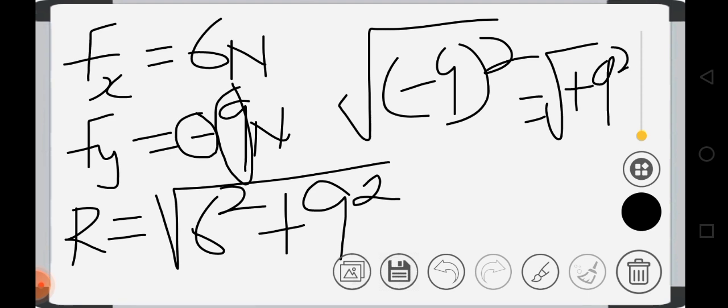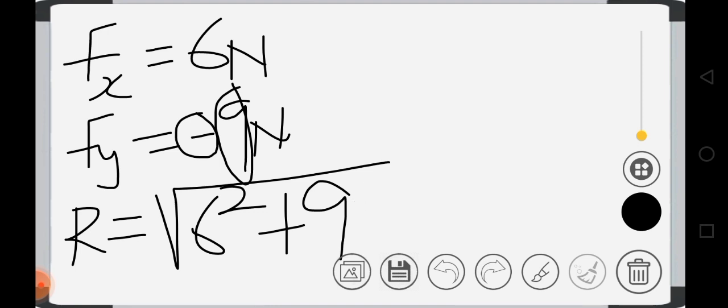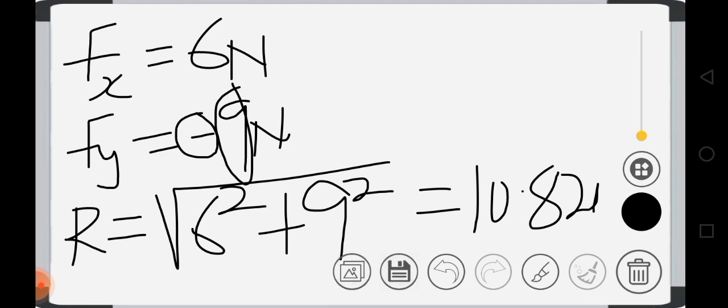So when calculating the resultant, don't use signs. Take note of that. So the square root of 6 squared plus 9 squared will be equal to 10.82 newtons. That will be the resultant. This is the x component, this is the y component, this is the resultant.